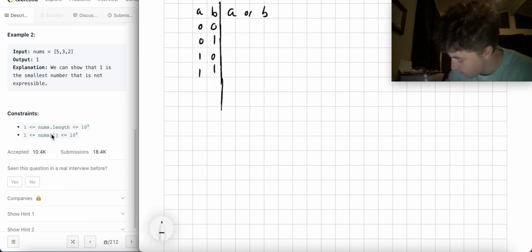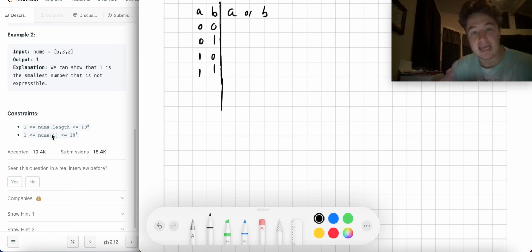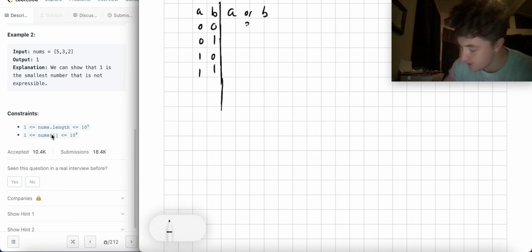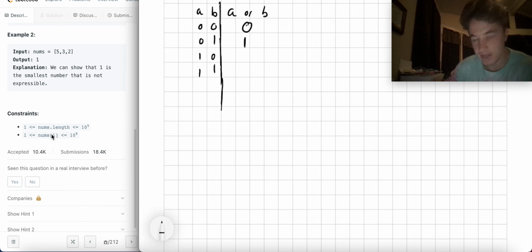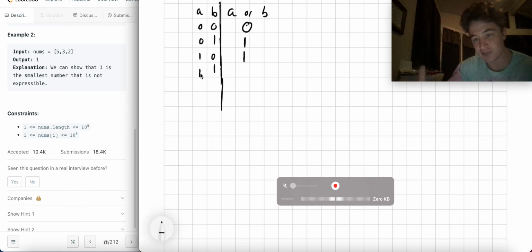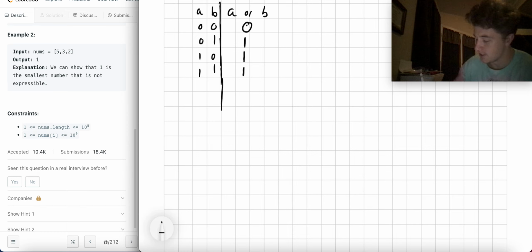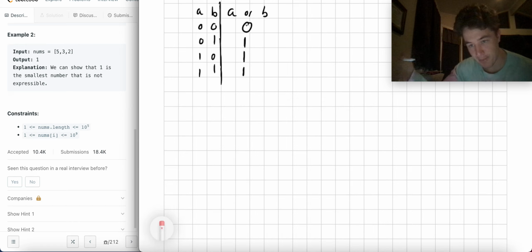Now, when we do the operation A OR B, if A is 1 or B is 1, it becomes 1, otherwise it's 0. Since they're both 0 here, it stays 0. Since one of them is 1 here, it becomes 1. Since one of them is 1 here, it becomes 1. In this final position, both of them are 1, so it stays a 1. So this is the truth table for an OR operation on an individual bit.